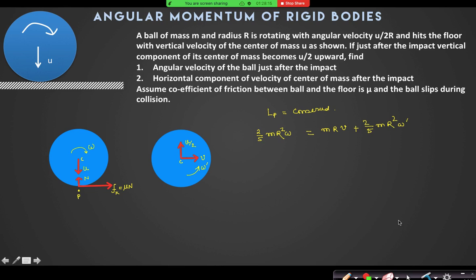Or minus? It should be minus, yes. So 2 by 5 mr square into omega plus omega prime is equal to mrv, right? One second.